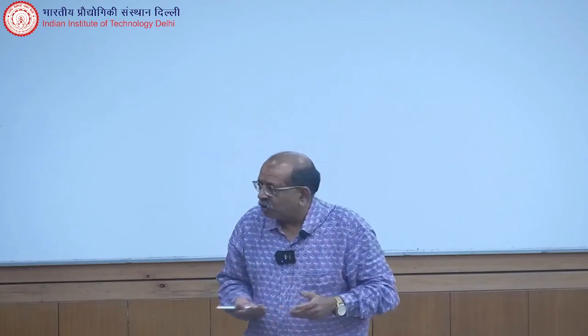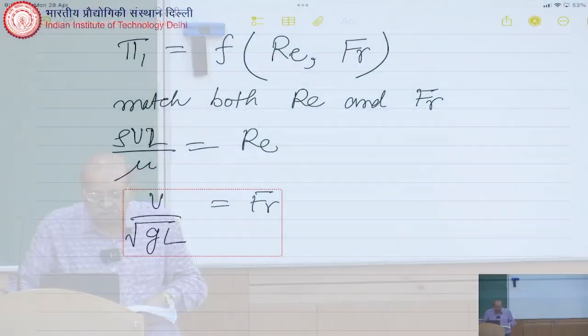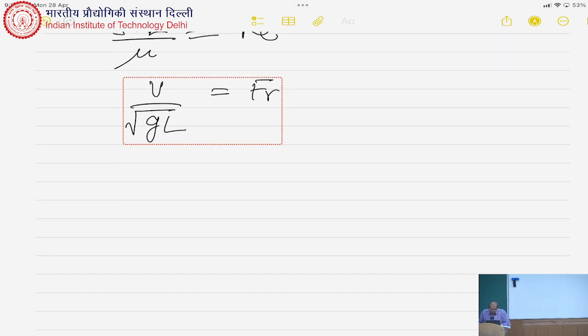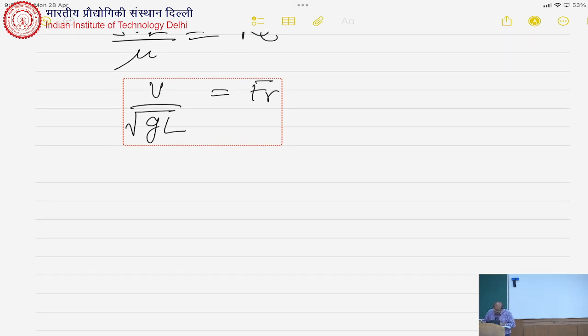Okay. So suppose we are able to do this, if we are able to match both the numbers, then we can still carry out our similarity analysis and estimate the forces on the prototype. Okay.